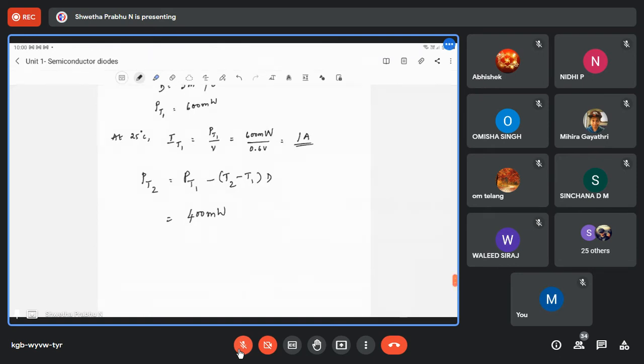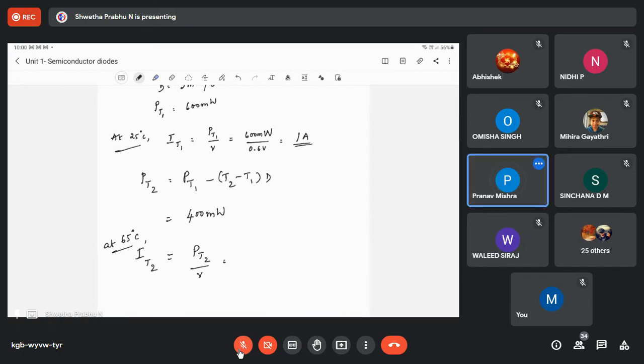Okay. Next, let us find the next forward current, that is IT2, at 65 degrees Celsius. So IT2 is nothing but PT2 divided by V. Substitute and get me the value. Pranav Mishra, how much will you get? Yes, ma'am. 0.67 amperes. Correct.